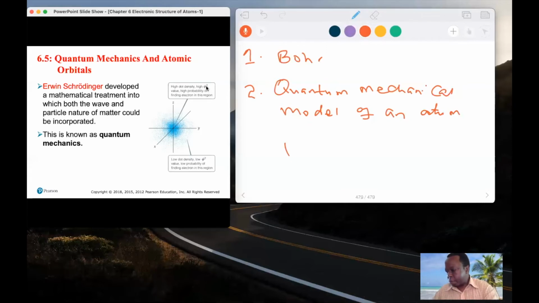Forget about the symbol here. This represents what we call an orbital, or the probability of finding an electron.